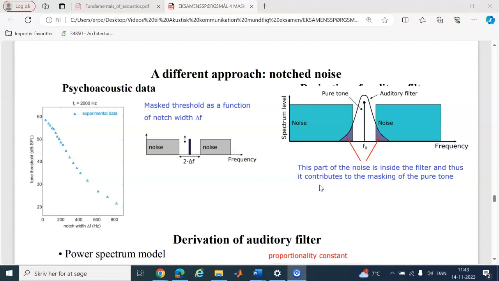When the noise is inside the auditory filter, it contributes to the masking of the pure tone. If the noise is far away from the auditory filter, there is no masking.